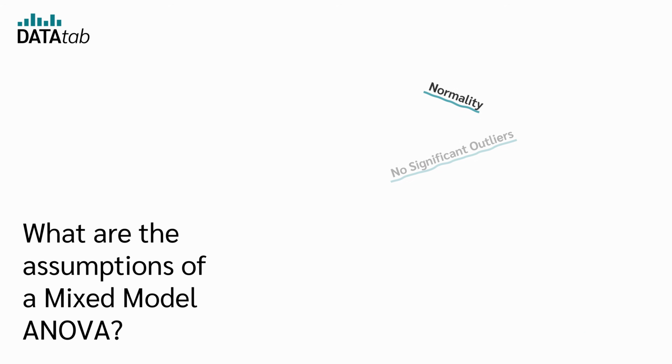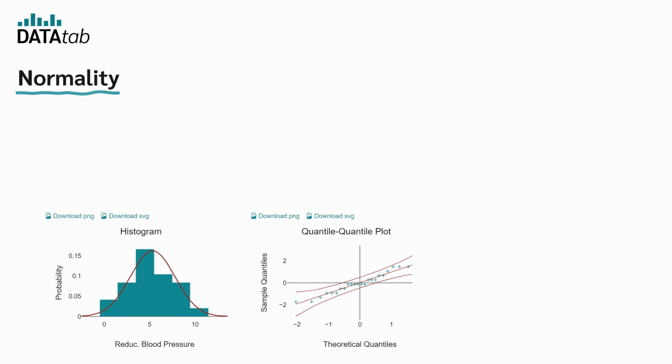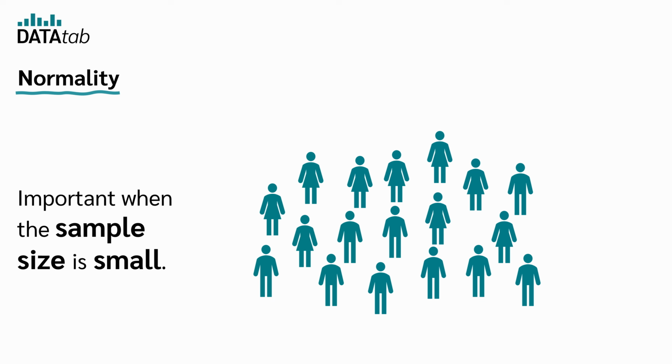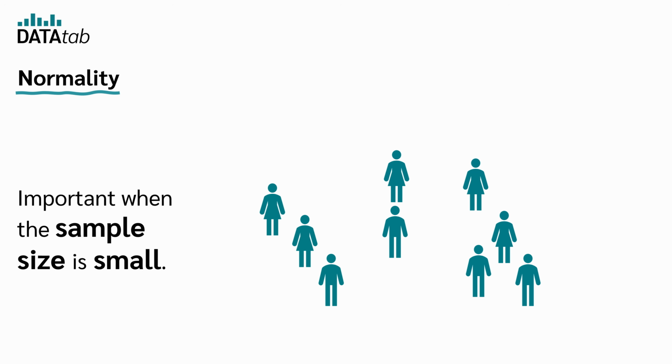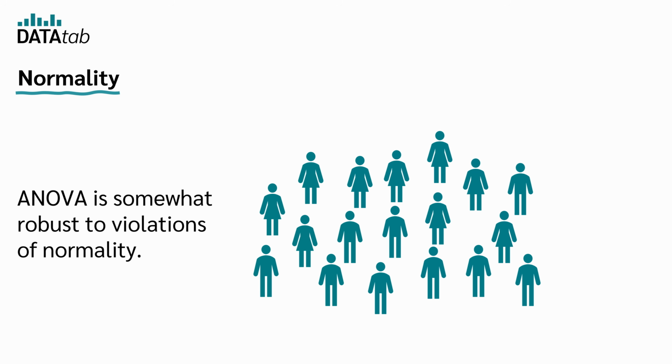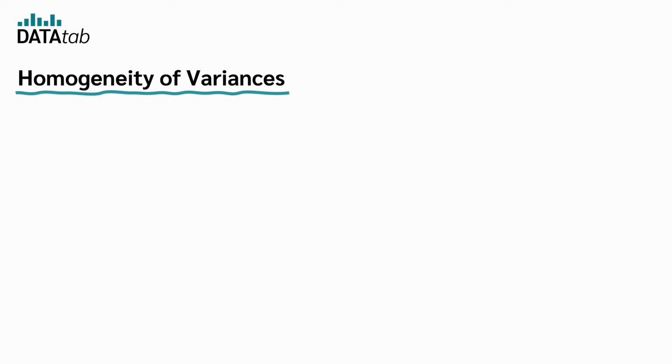What are the assumptions of a mixed model ANOVA? Normality. The dependent variable should be approximately normally distributed within each group of the independent variables. This assumption is especially important when the sample size is small. When a sample size is large, ANOVA is somewhat robust to violations of normality. Homogeneity of variances.